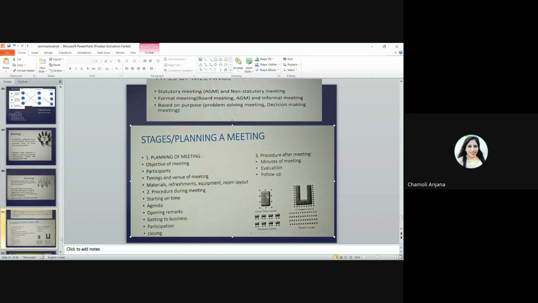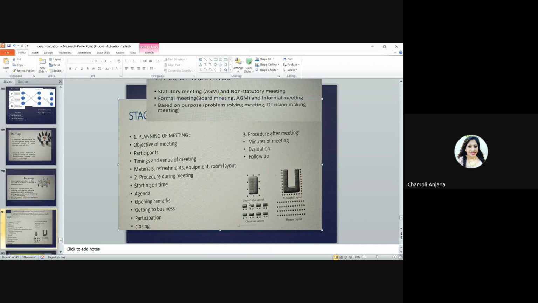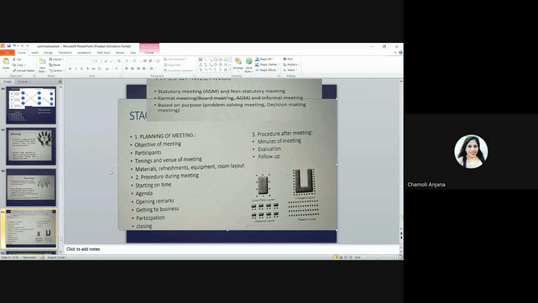If you can see here, this is the center table layout, wherein you have a table and people are all sitting around the table.